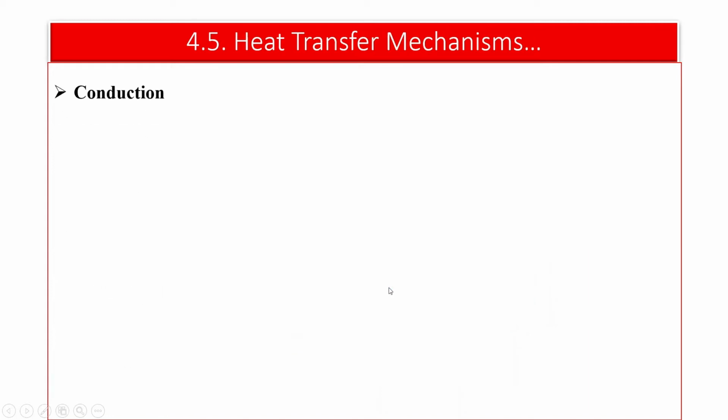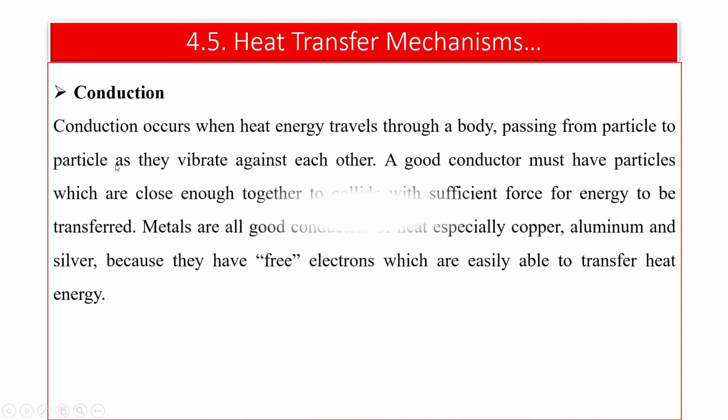Okay, for more elaboration, conduction occurs when heat energy travels through a body, passing from particle to particle as they vibrate against each other. So a good conductor must have particles which are close enough to collide with sufficient force for energy to be transferred.